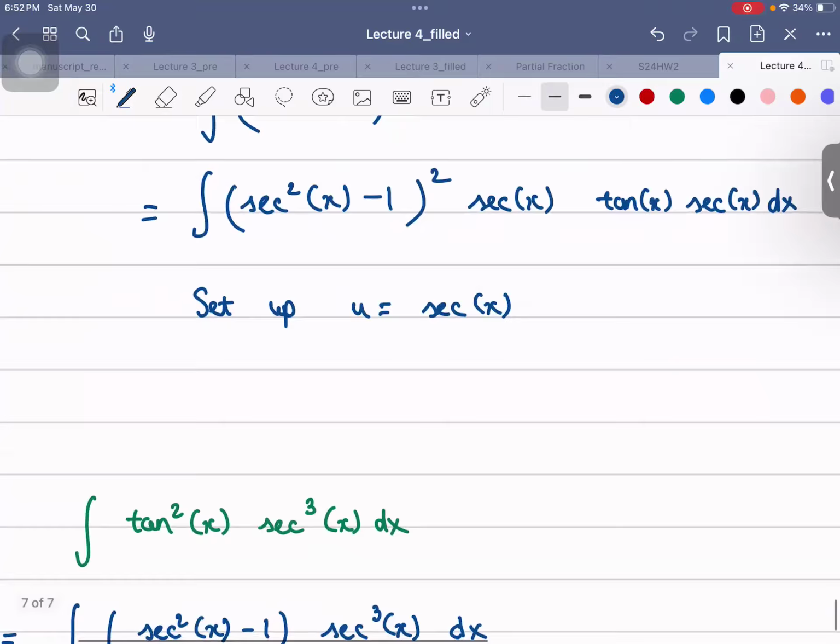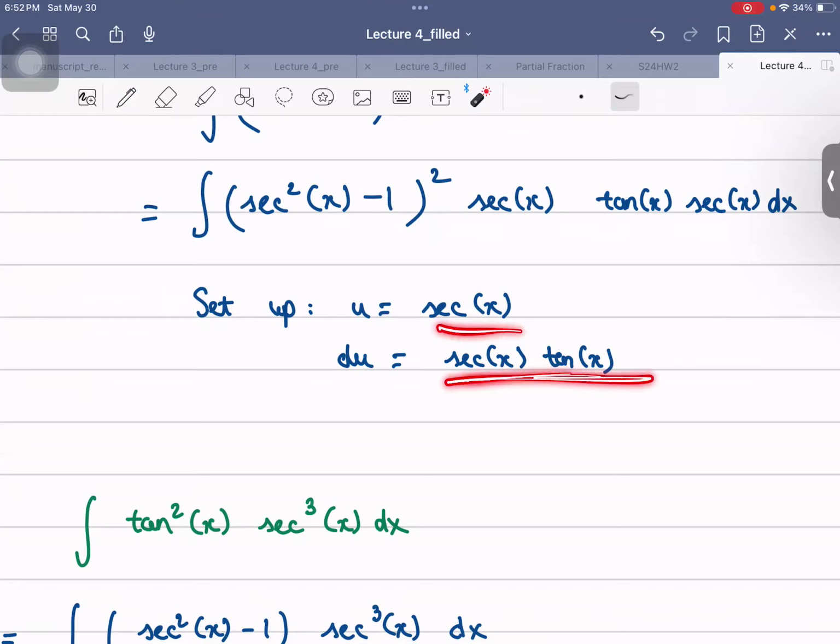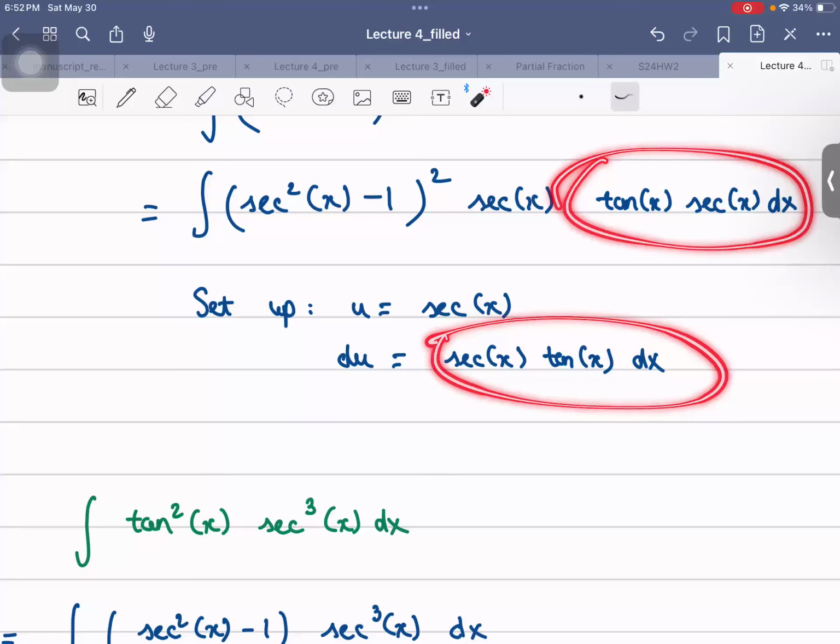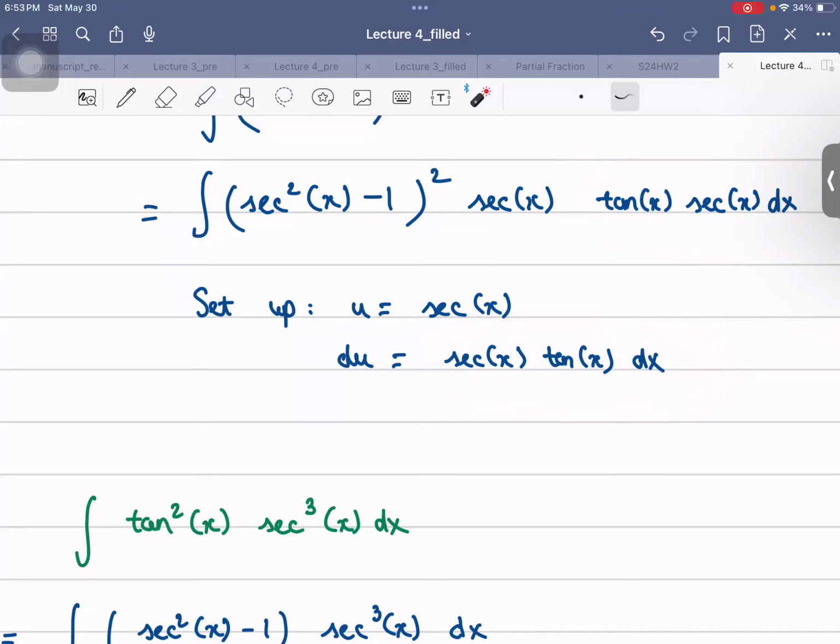And when I take the derivative of u, I'm going to have secant times tangent. The derivative of secant is secant times tangent, and this is the extra thing in your integral that we intended to save initially.